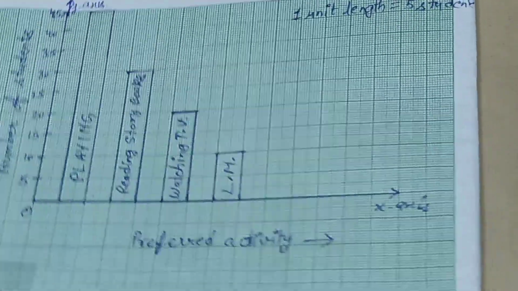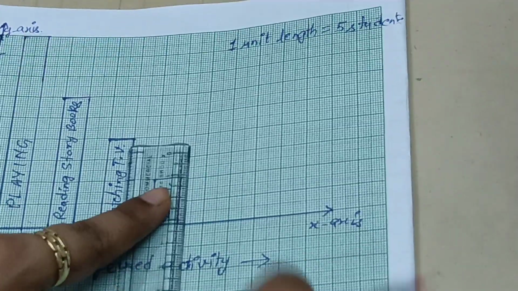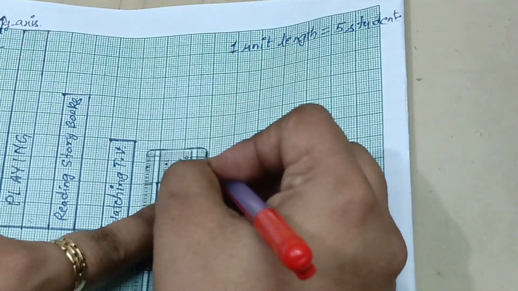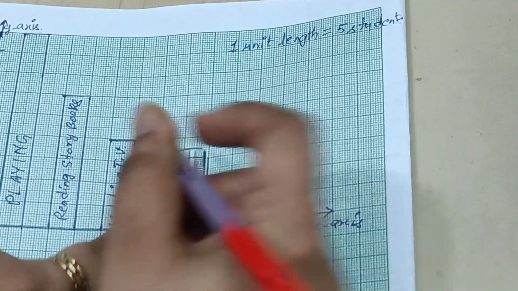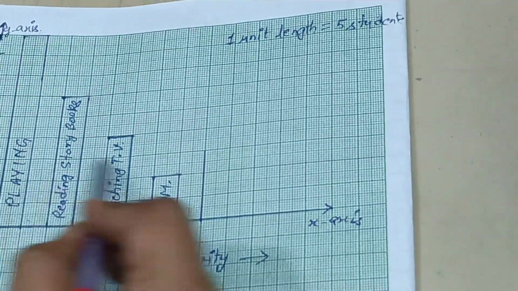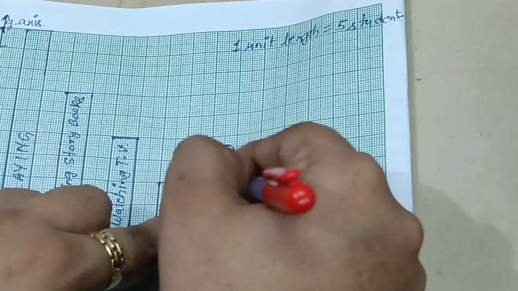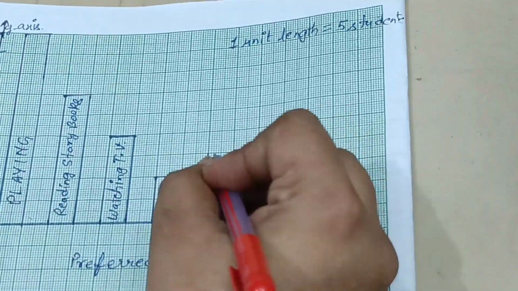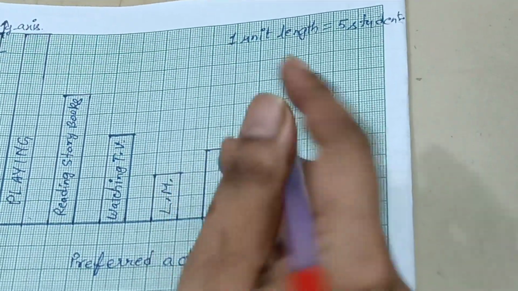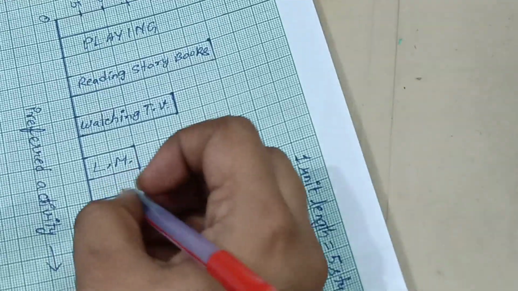Last is painting, and painting is liked by 15 students. Now this is 15 units, so we will give the height of the bar till 15. This is painting.